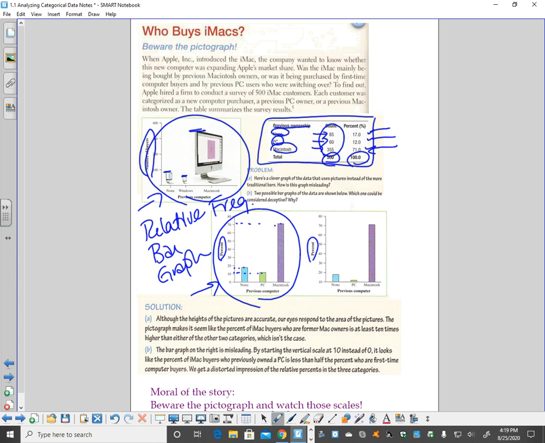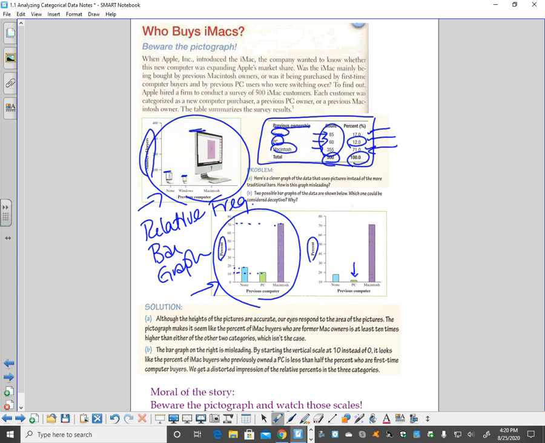Okay, let's look at the second one. So find me something that's wrong with this bar graph. I mean, look how little that guy is. Now, he's supposed to be 12%.